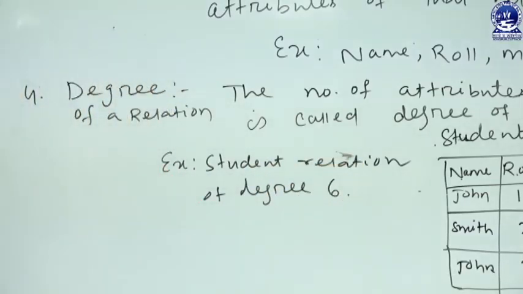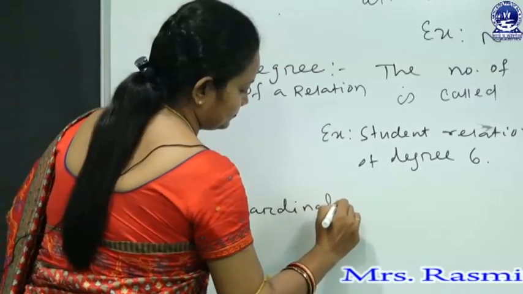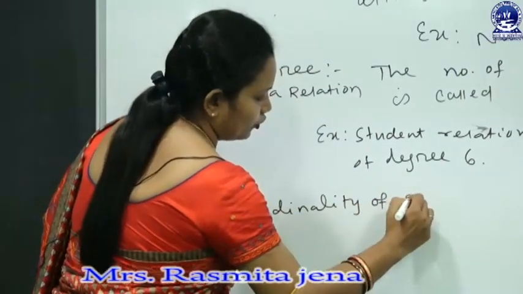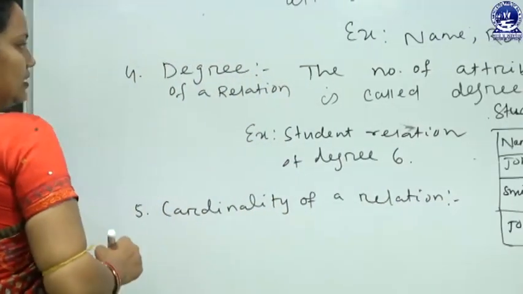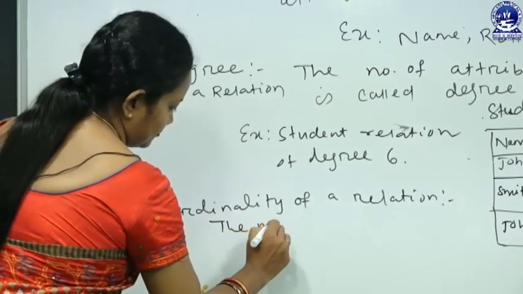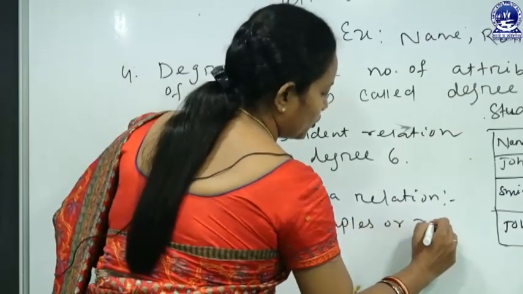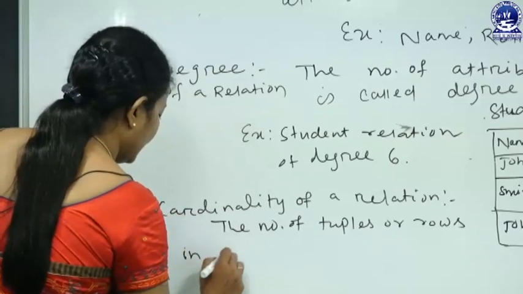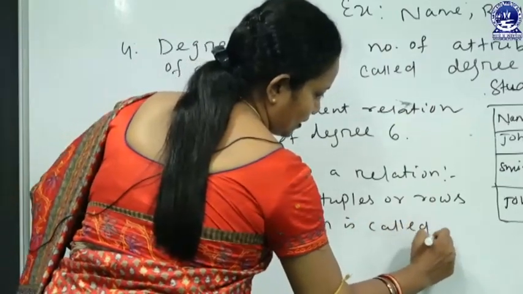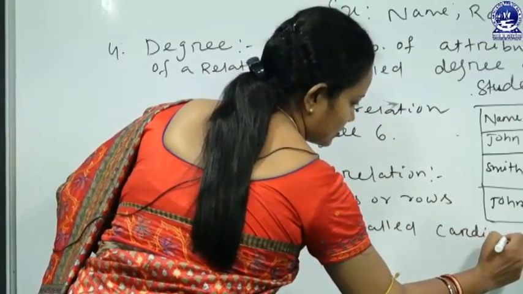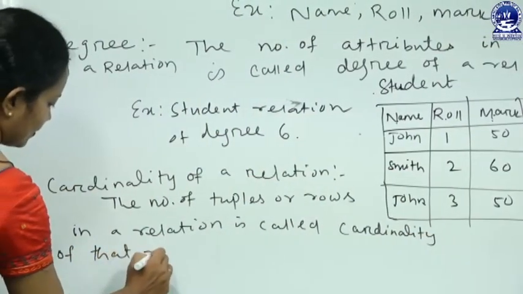Next terminology is cardinality of a relation. In case of cardinality, the number of tuples or the number of rows in a relation is called the cardinality of that relation.